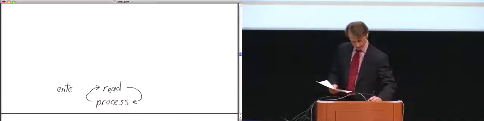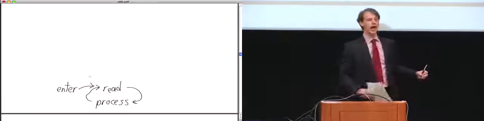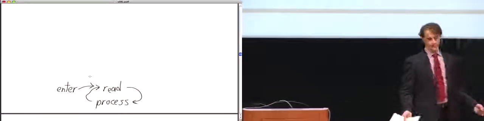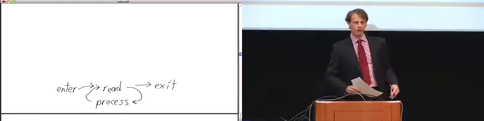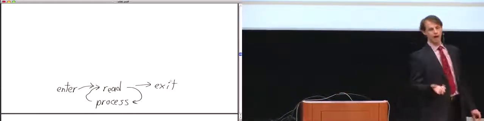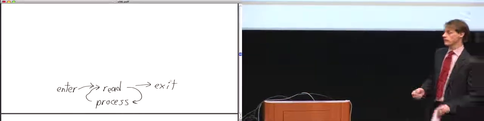We would like to enter the loop by doing a read from the keyboard. And if the thing we read from the keyboard is an empty string, we want to exit the loop immediately. We don't want to process something first.